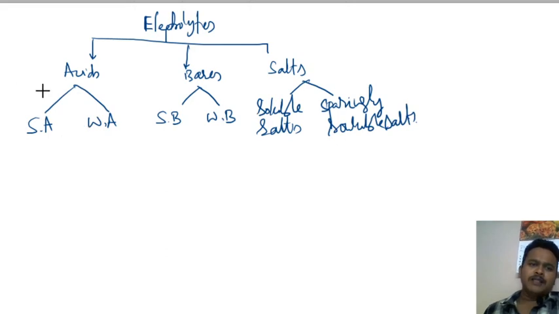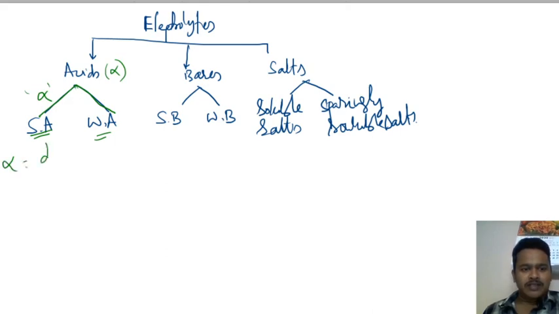Based on what factor are we going to categorize strong acid and weak acid? The factor is alpha. Alpha means the degree of dissociation.